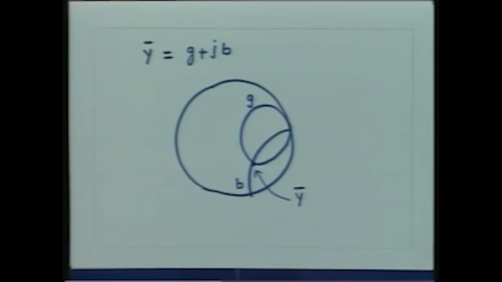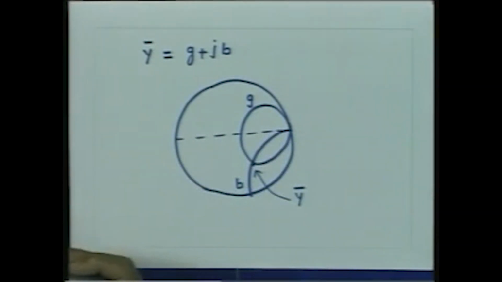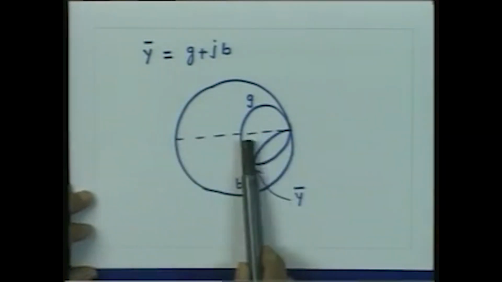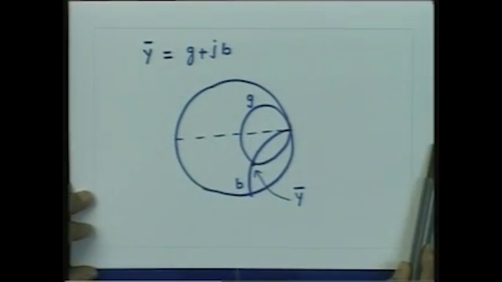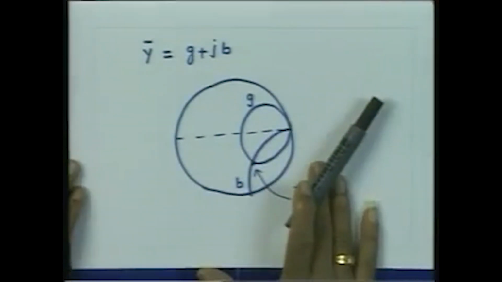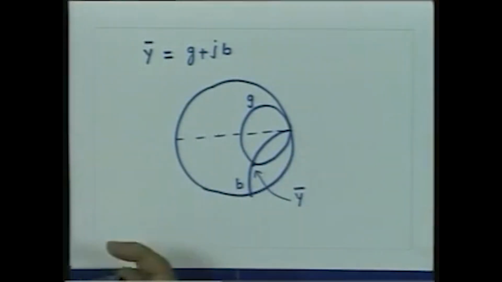However, now if I want to find out the complex reflection coefficient, remember now the real gamma axis, or complex real reflection coefficient axis, is not on the right, because we have kept the Smith chart fixed, and for admittances the coordinate axis has been rotated by 180 degrees.